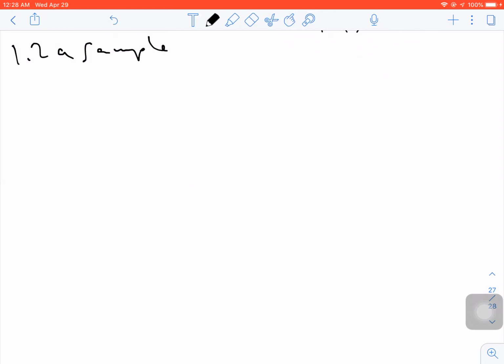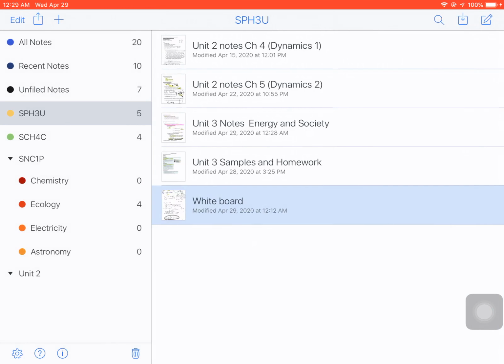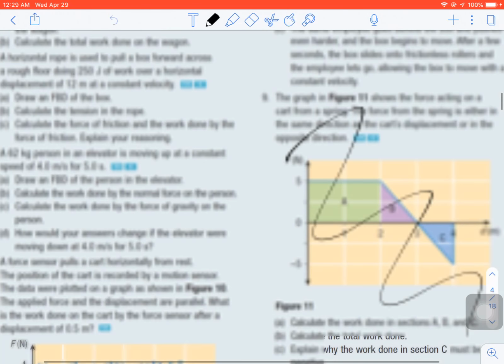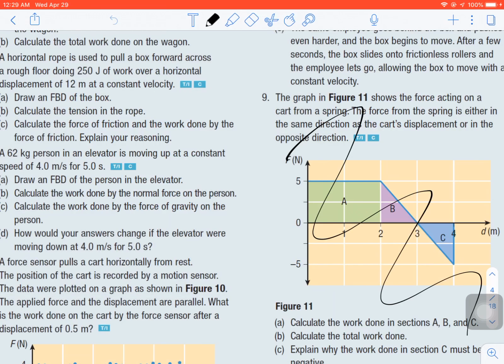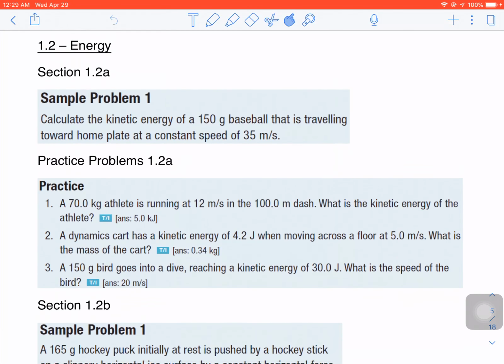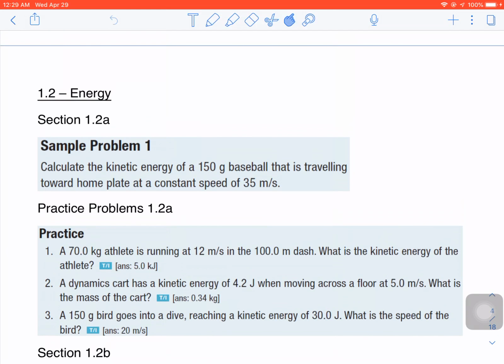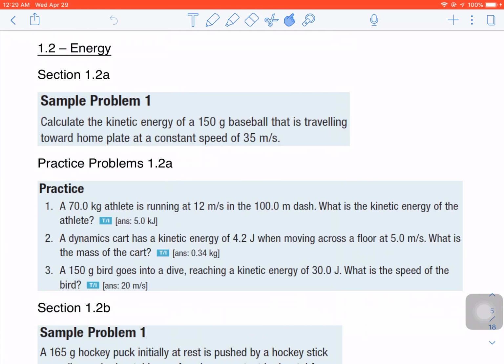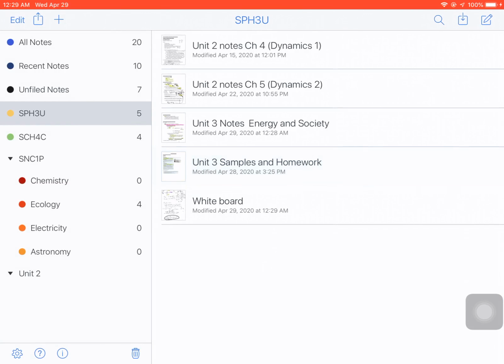Remember, there are 2 documents for this unit. One is the notes, which is the one I'm working through right now. The other one has all the questions. So if I switch to the Unit 3 samples and homework, you would see that I am here right now, section 1.2a, the sample problem. And then these are the 3 practice problems that I'm going to leave with you in a minute.